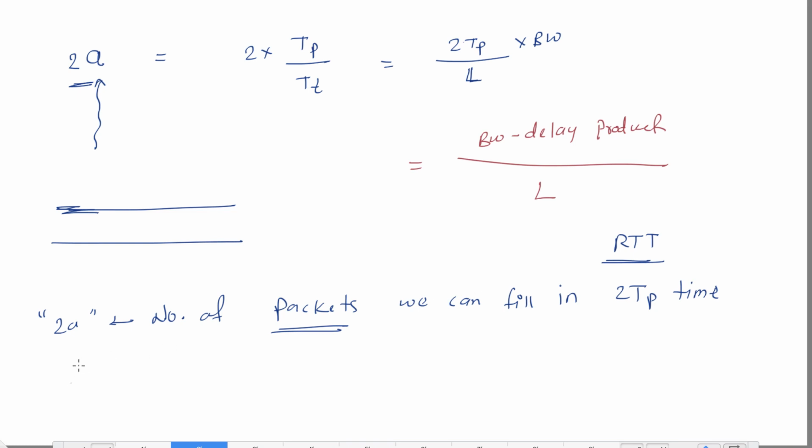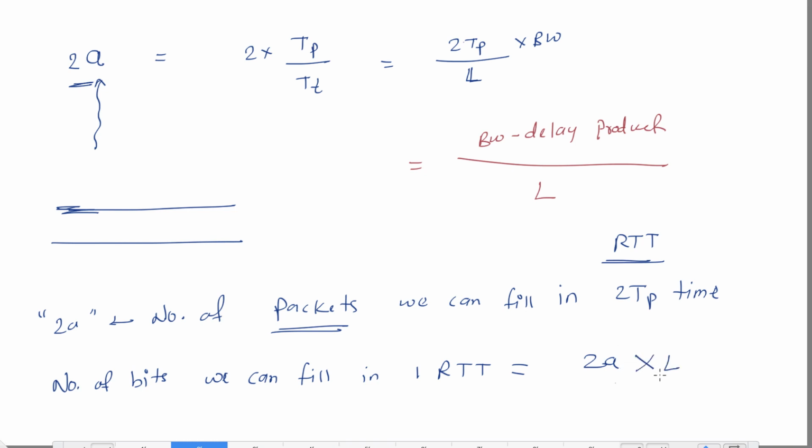And what is bandwidth delay product? Bandwidth delay product is just 2A into L. So these are the number of packets, and if you want to find the number of bits, instead of the number of packets, if you want to find how many bits you can fill in this much time, so the number of bits we can fill in 1 RTT. 1 RTT is just 2A. 2A is the number of packets, and in each packet how many bits do you have?